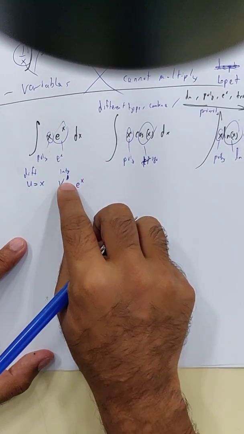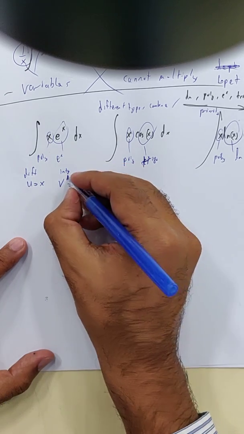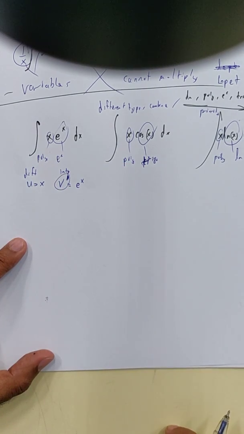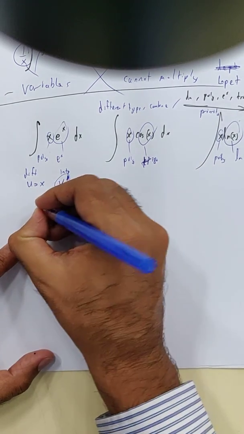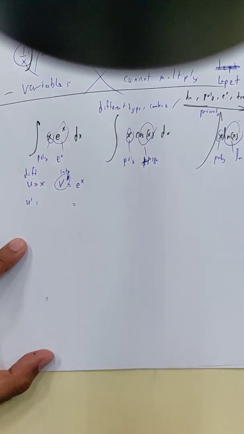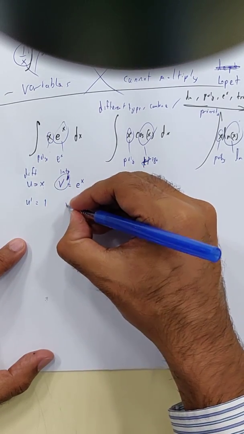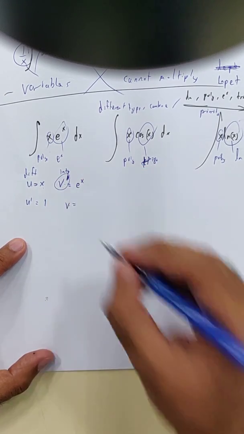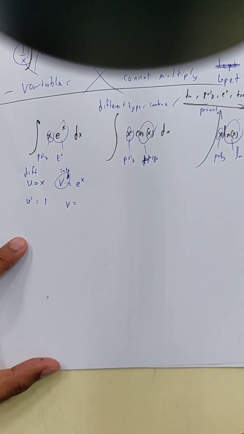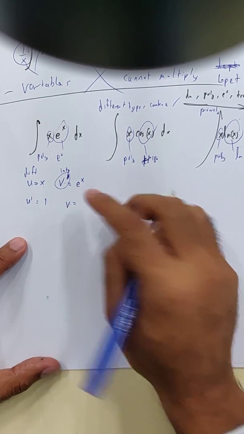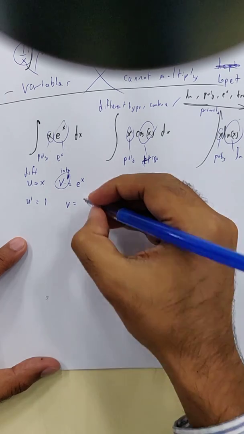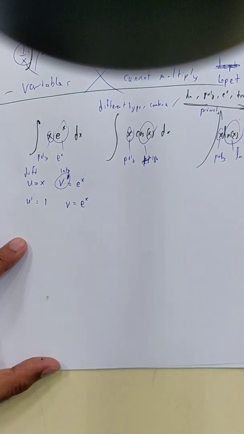The exponent. Okay, do you understand this symbol? V prime, that means it has been differentiated. Okay, so U prime, it means differentiating, 1. What about here? If I change from V prime to V, what does it mean? Integrate. Integrate EX, what do you get? EX.